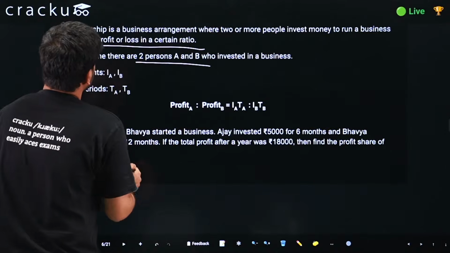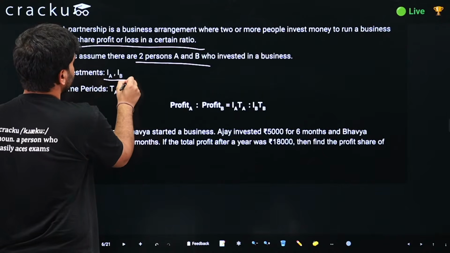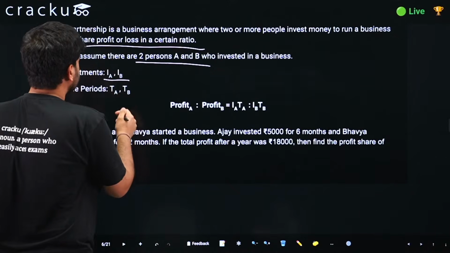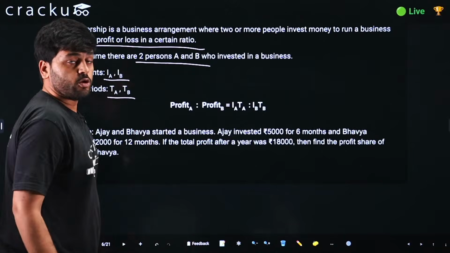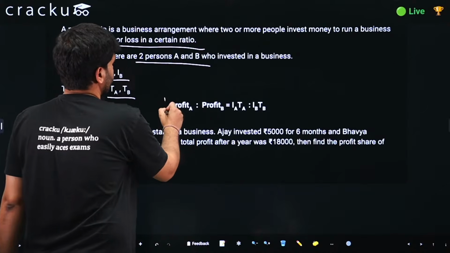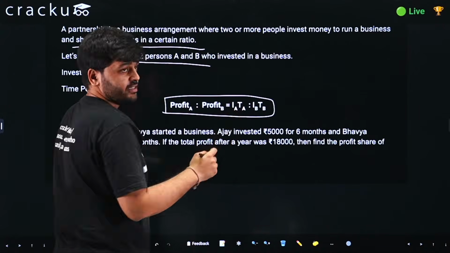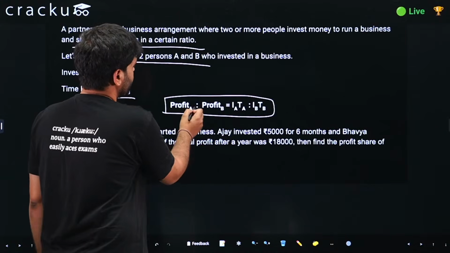Let us assume the investments of A and B be IA and IB respectively, and the time periods for which the investment is done is TA and TB respectively. Now the ratio of profits would be IA into TA is to IB into TB. This would be the ratio of profit of A and B.